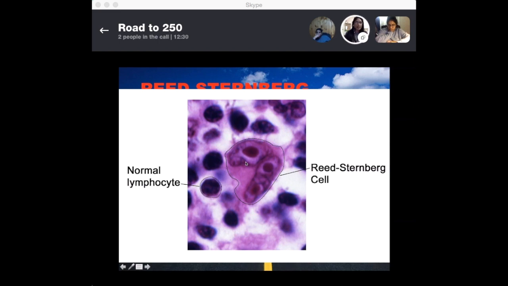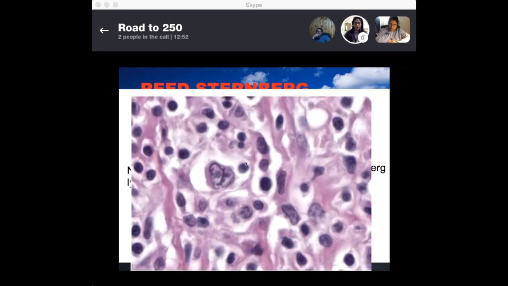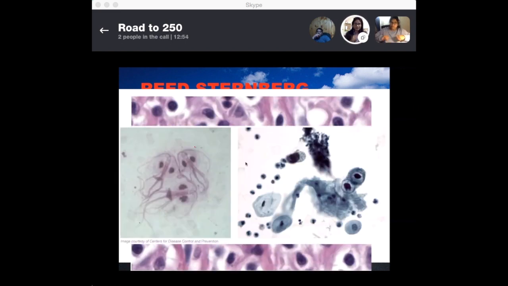And fun fact, or I guess a pimp question, do you know what other cells on microscopy can also be characteristically identified as owl eyes? Giardia? Yes, and? CMV.